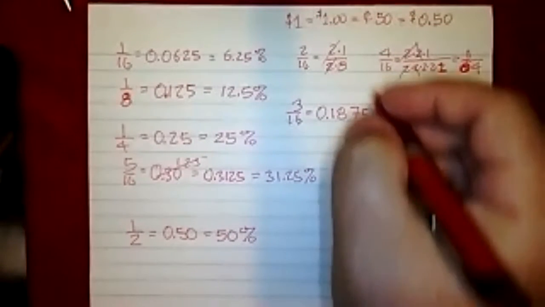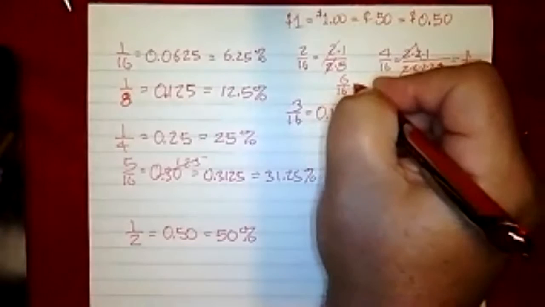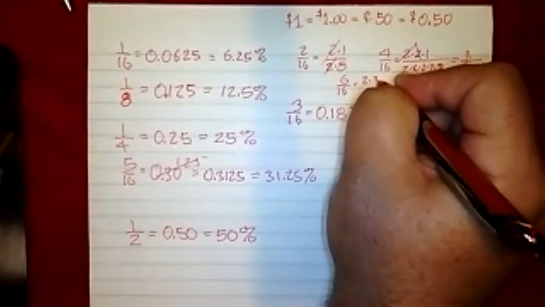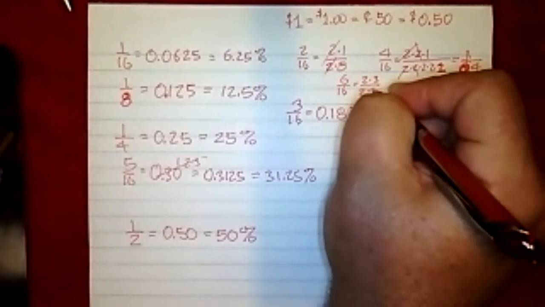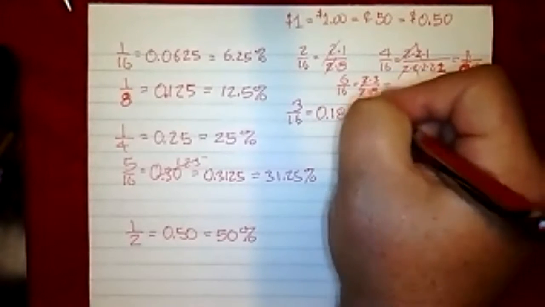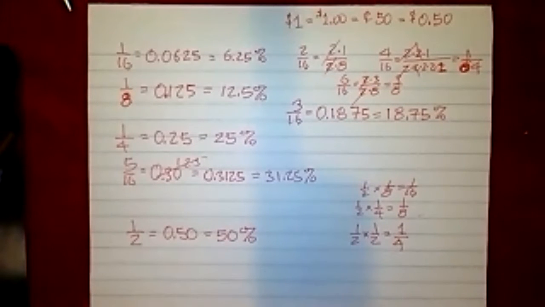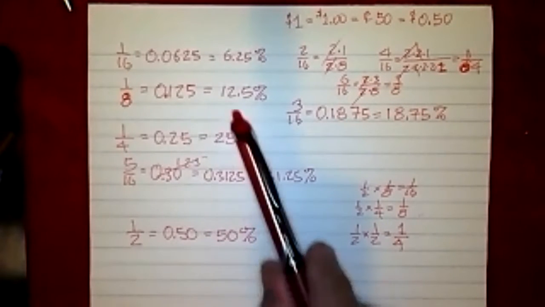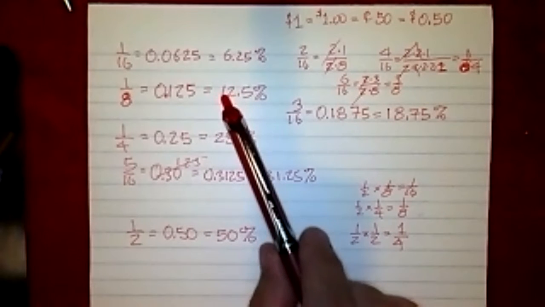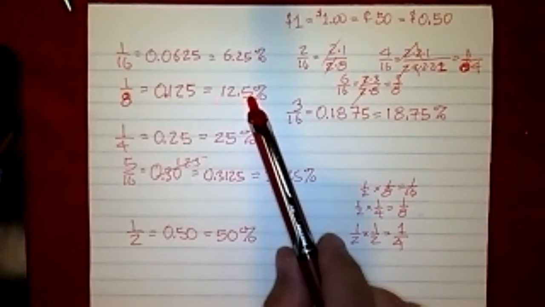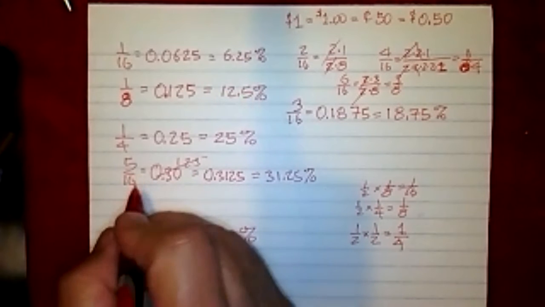6/16, that's the same thing as 2 times 3 over 2 times 8. The 2's cancel out, that's 3/8. Well, 3/8 is 3 times this. Well, 3 times 12 is 36, and 3 times 0.5 is 1.5. So this should be 37.5.